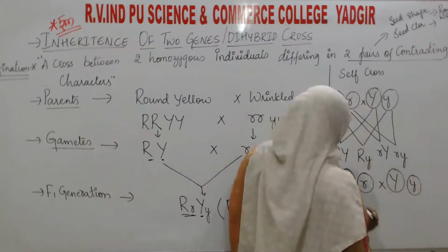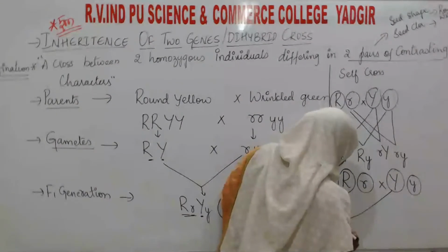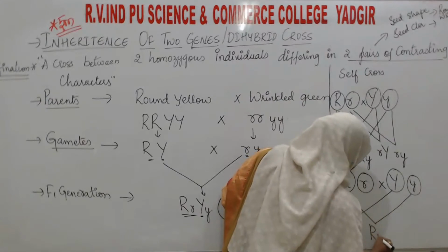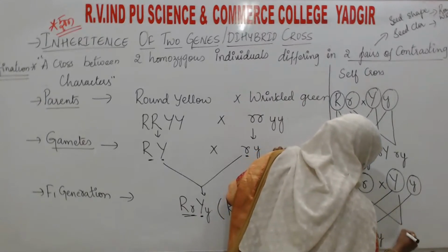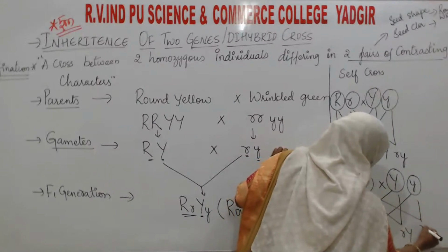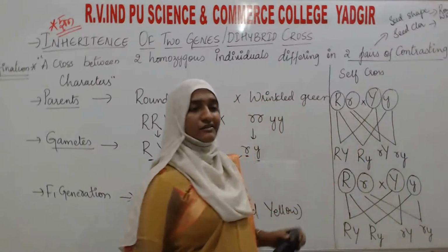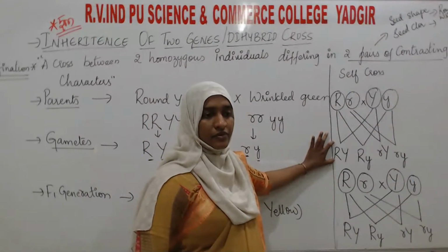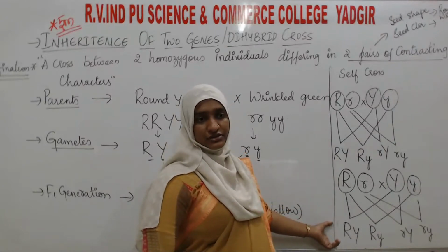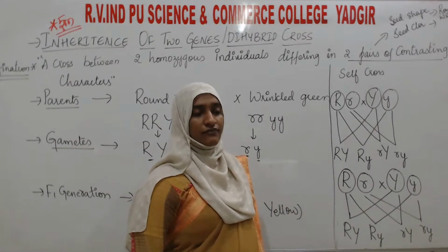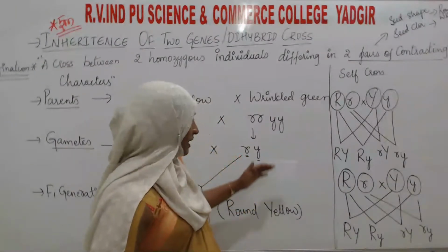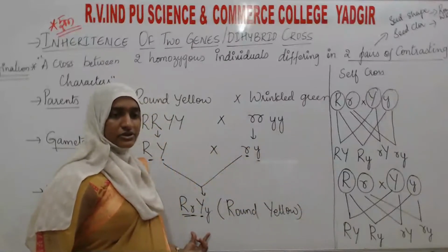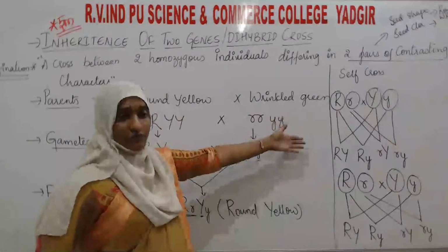Once again: capital R, capital Y; capital R, small y; small r, capital Y; then small r, small y. In this sense, we have to cross. So we have now the male genes and the female genes. Now we can go for the production of the F2 generation. After completion of the self-cross, the offspring we got in the F1 generation are crossed with the same offspring.